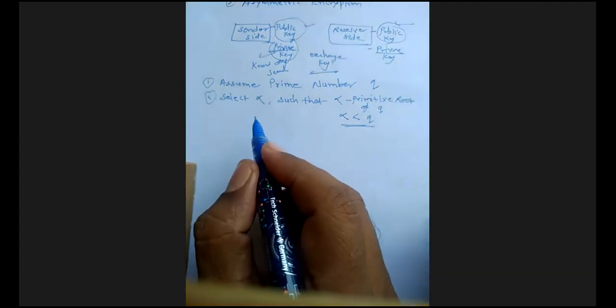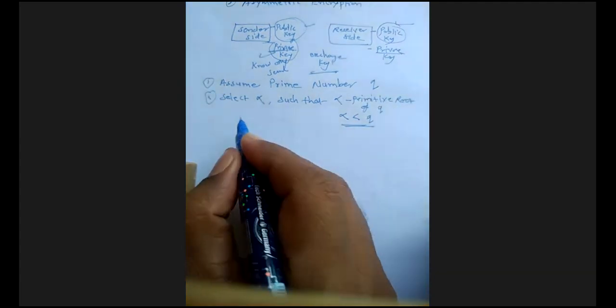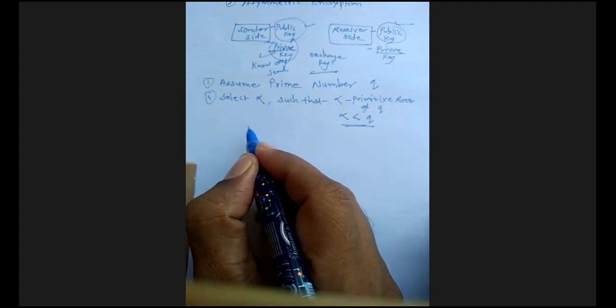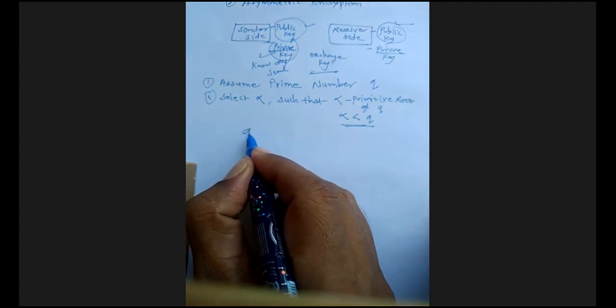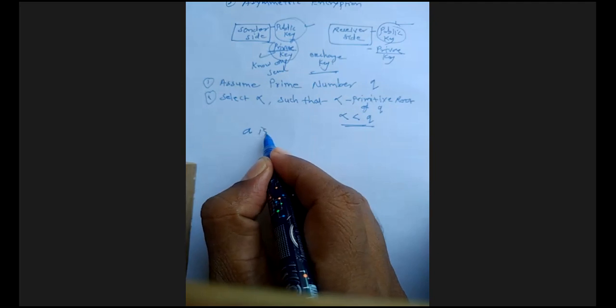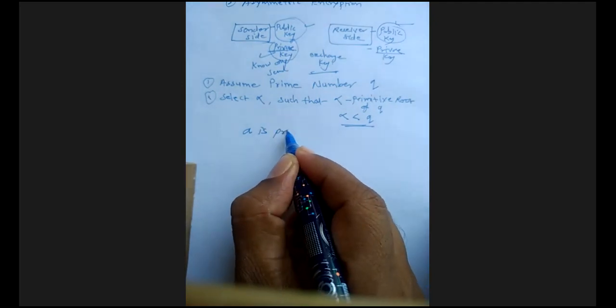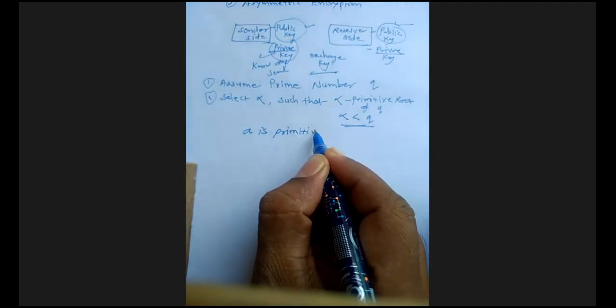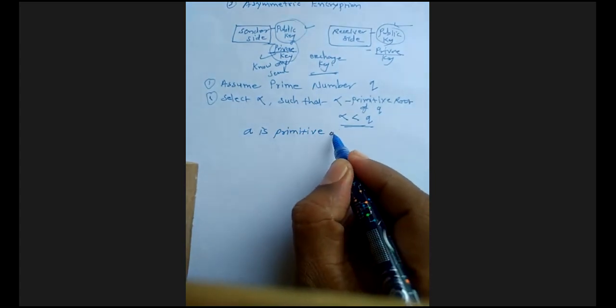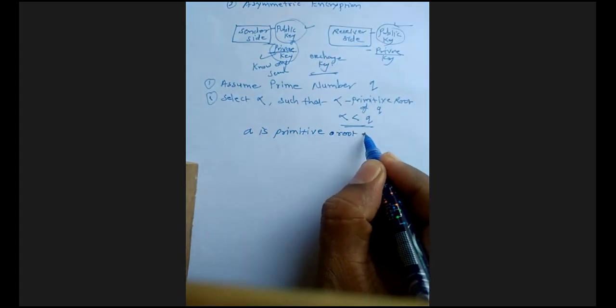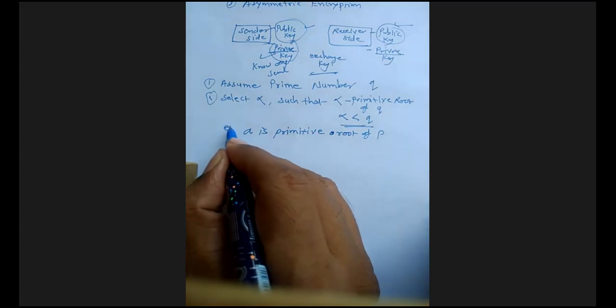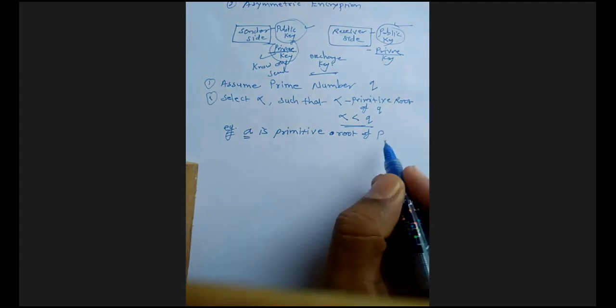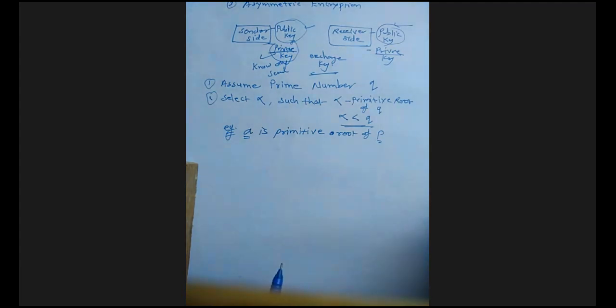Suppose I have said that A is a primitive root of P. Okay, suppose any number I have said, A is a primitive root of P. This is one example. I am explaining one example. A is a primitive root of P. So how can we find this out?